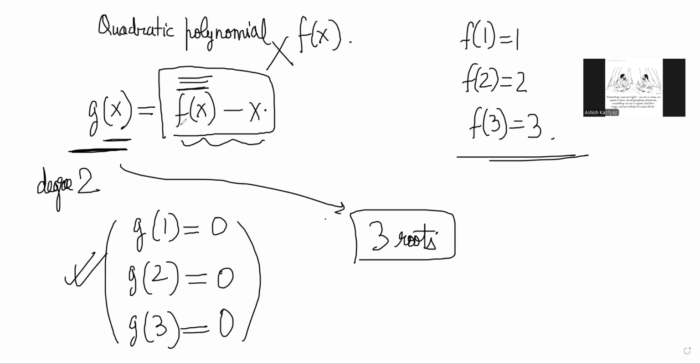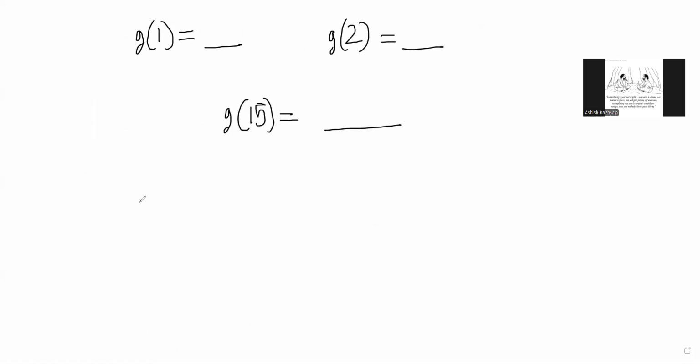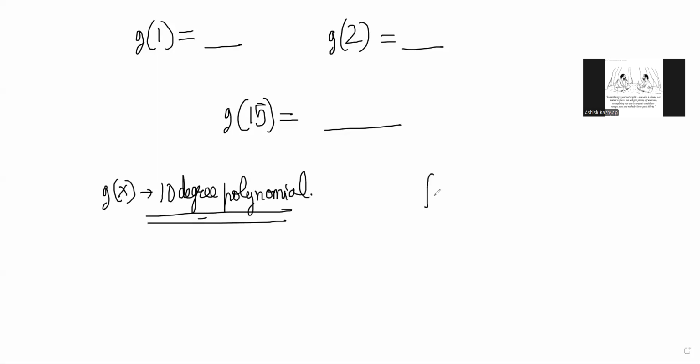In our problem right now, they had given 15 values. Do you understand what was given? Let's say g was a degree 10 polynomial. According to option B, if you assume it's a degree 10 polynomial, the new function f of x, which is g of x minus 3x plus 5, is it a degree 10 polynomial also?